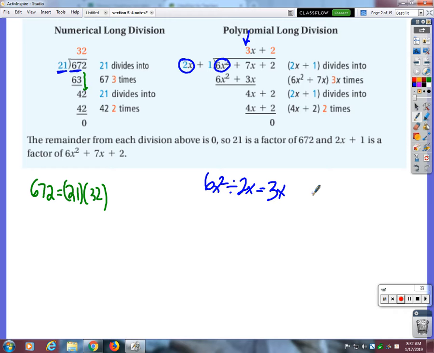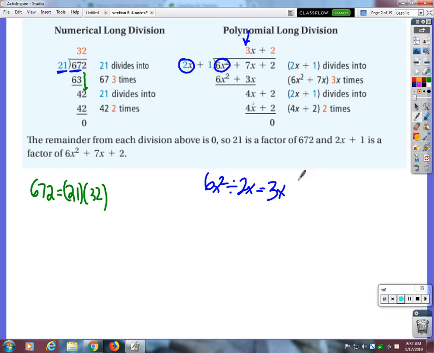What do I do now, once I figure out that 3 times 21 is 63? Yeah, we subtract. So I go 6x squared minus 6x squared, that's 0, that's gone.